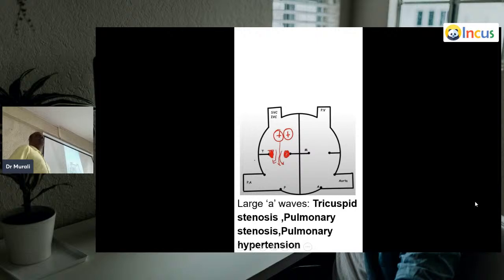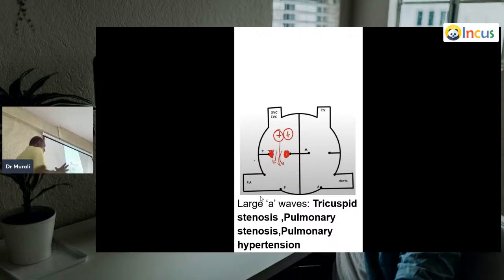Large A wave. Obviously, there is tricuspid stenosis. In the last 1/3 of the diastole, when the atrium contracts and has to push the blood into the ventricle, it has to negotiate the blood through a narrow valve. That is the reason the pressure will increase.